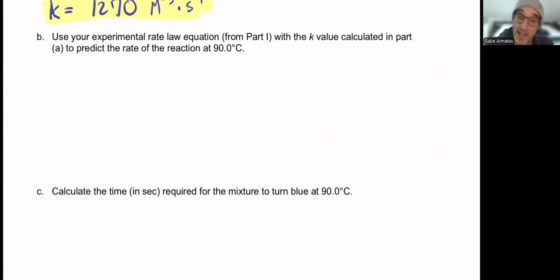All right, using that experimental rate law that we had from part one, actually I wrote it when I was doing the units, so let's rewrite it. So the rate is equal to K. We do know K now, right?